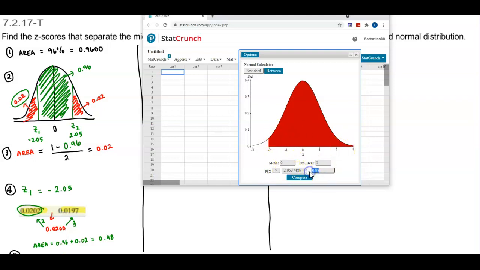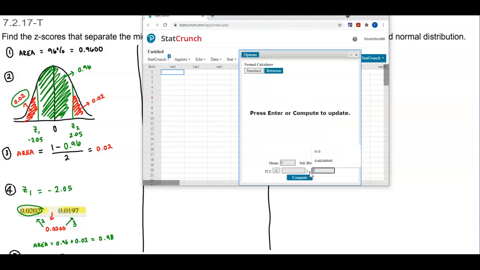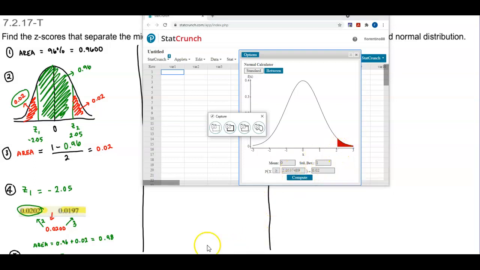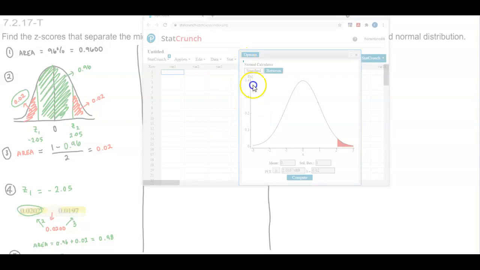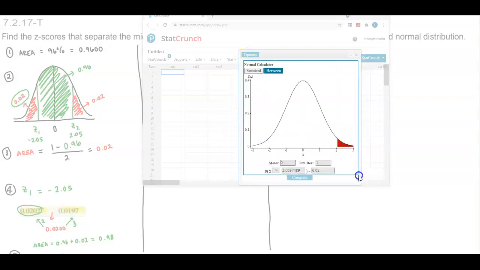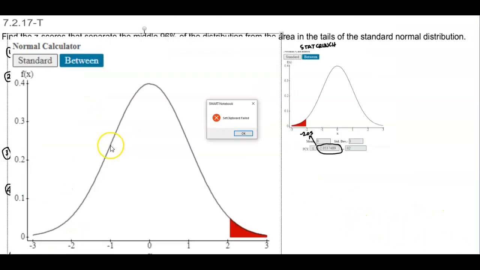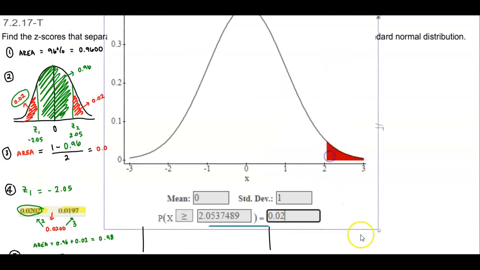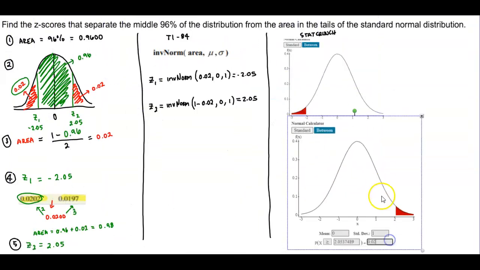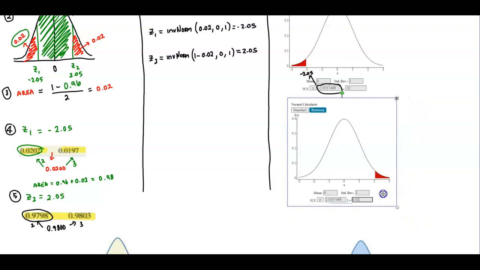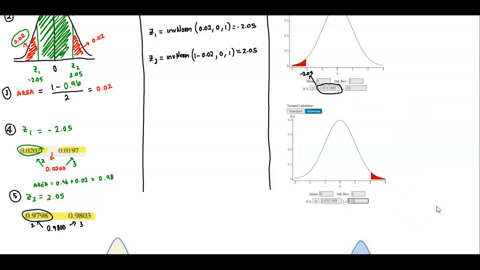And so what we want to do is find the area that represents 0.02 to the right. And if we put in that 0.02, then it's going to give us that z-score. So again, you have to do a little bit of work prior to putting this information into the StatCrunch calculator if you're going to use StatCrunch to get that result. And so again, here we can see that this gives us the z-score of 2.05 here. Okay.